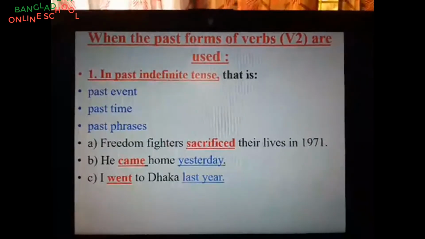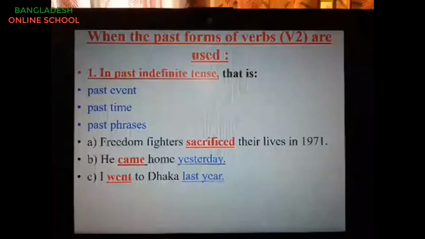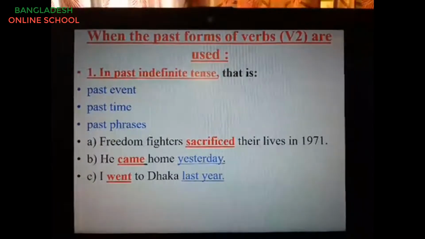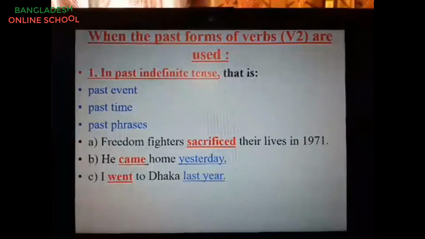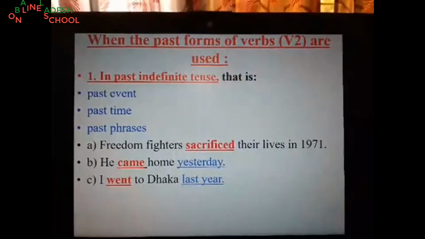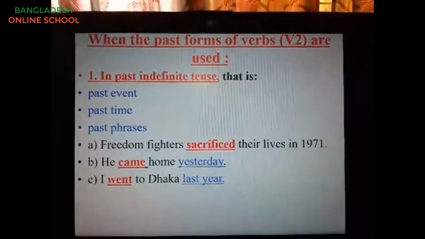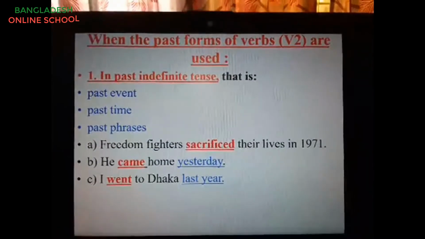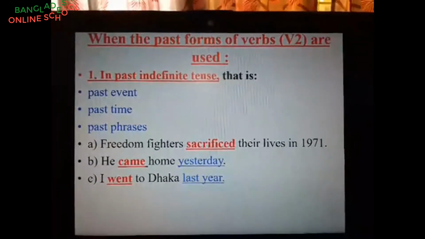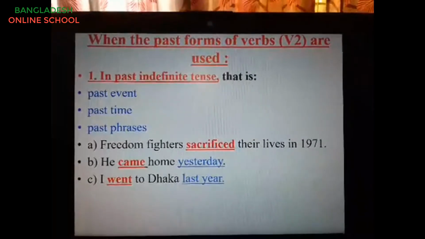Here last year is a past phrase. That is why in this sentence went is used. Now you could understand, to express the idea regarding past indefinite tense, you will use past form of verb. Could you understand? Clear to you? Okay.